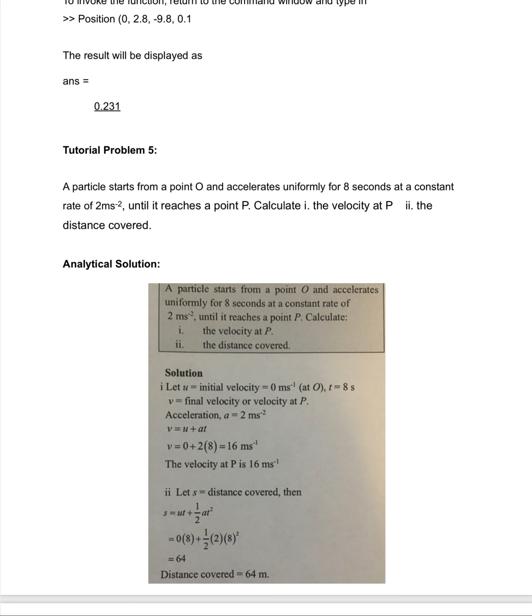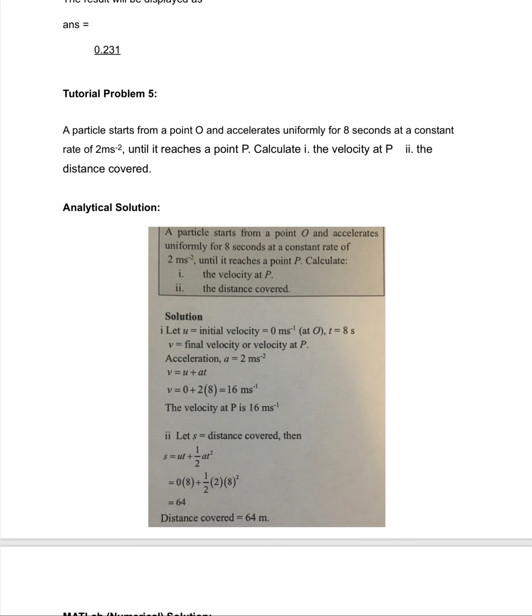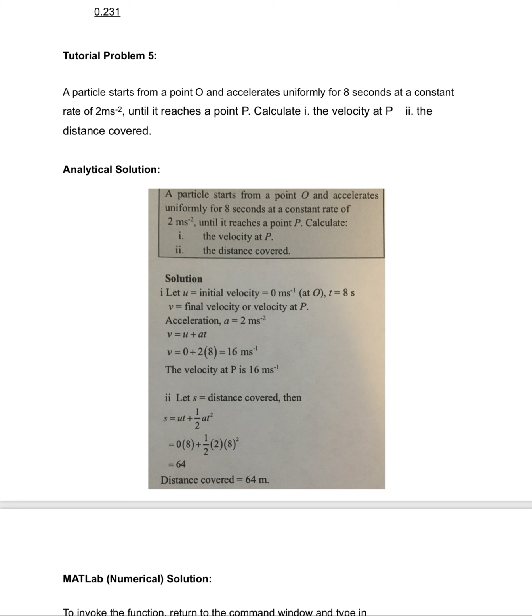And then for our last problem, a particle starts from point O and accelerates uniformly for 8 seconds at a constant rate of 2 meters per second squared until it reaches a point B. Calculate the velocity at point B, and the distance covered.